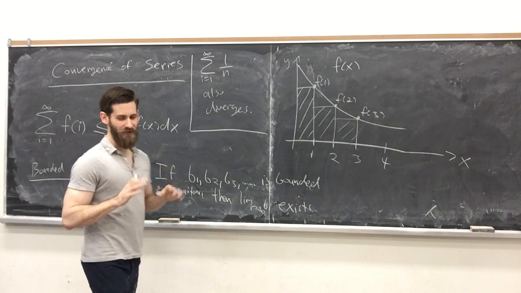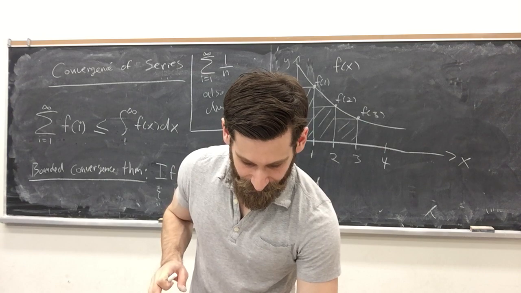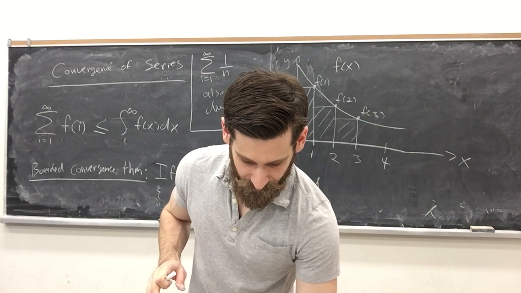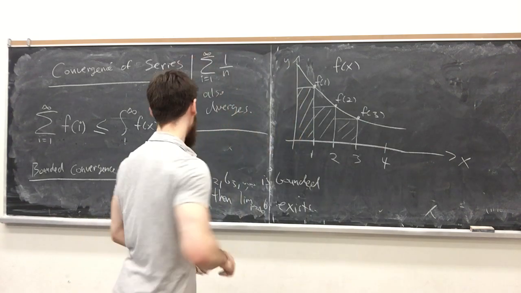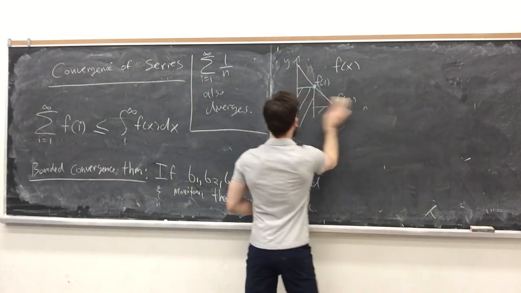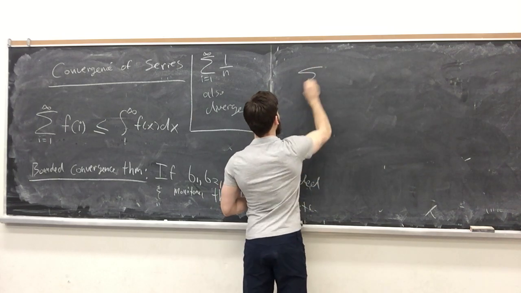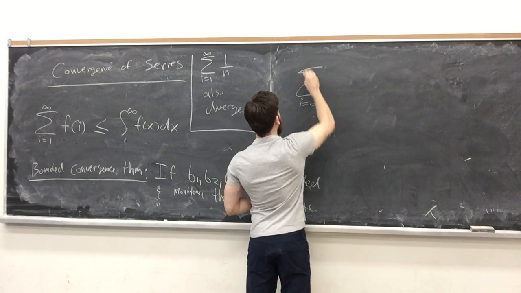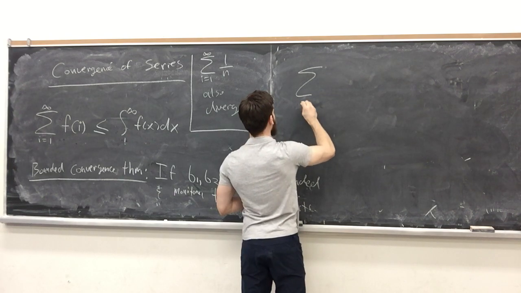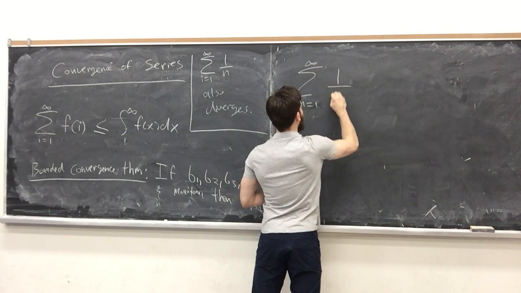Let me think. Maybe I'll leave it there. You should think about an example, this sum, n equals 1 to infinity of 1 over n to the p.